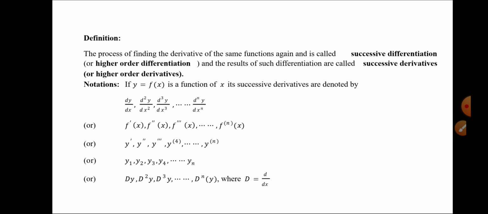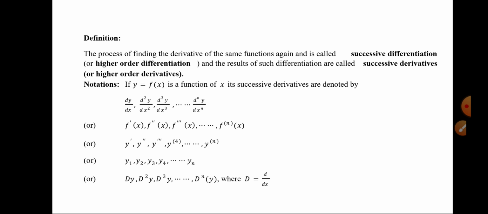Definition: the process of finding the derivative of the same function again and again is called successive differentiation. The results of such differentiation are called successive derivatives or higher order derivatives. The process of finding higher order derivatives is called successive differentiation.